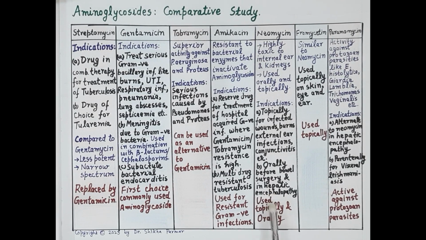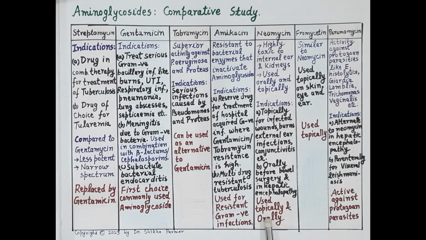Instead, it reaches the brain and causes encephalopathy, and the condition is called hepatic encephalopathy. Oral neomycin is very useful in hepatic encephalopathy because it suppresses the microbial flora of the colon, and that reduces production of ammonia. So, neomycin improves hepatic encephalopathy. So, neomycin is used topically and it can also be used orally.